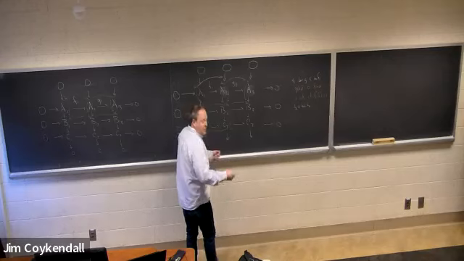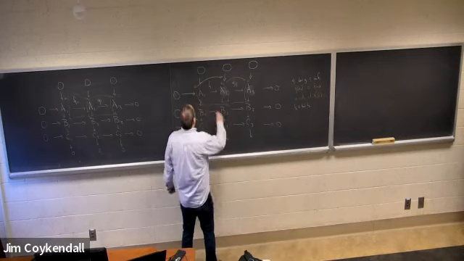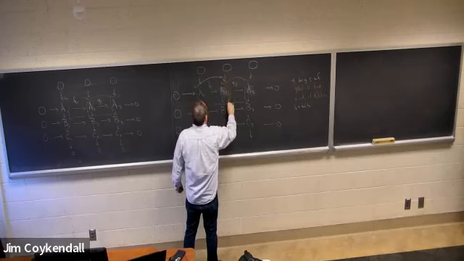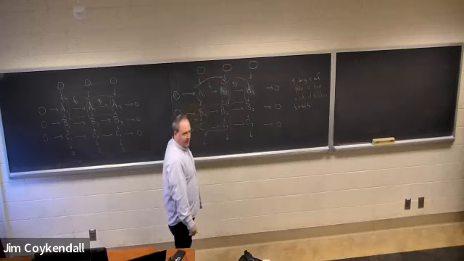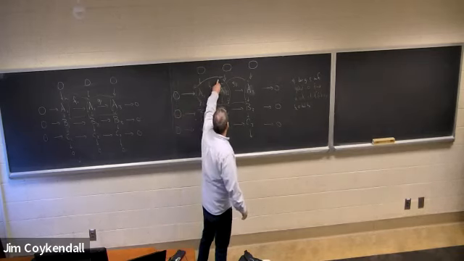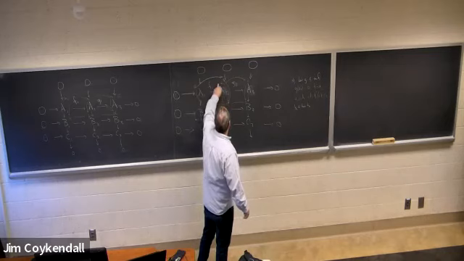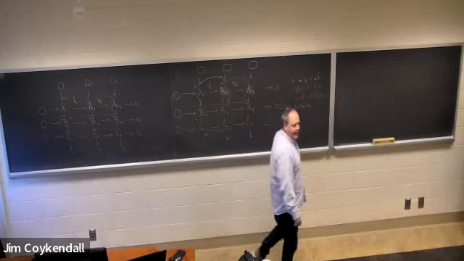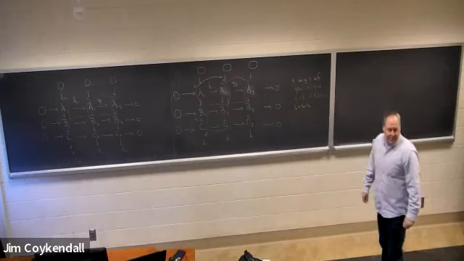Oh, well, that was an undefined question, wasn't it? A1 goes to some X over here, and where does X go if I push it down here? It must also go to B2. So X goes to B2, and A2 goes to B2. So what can you say about X and A2?